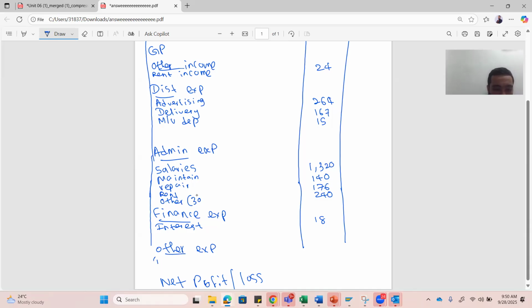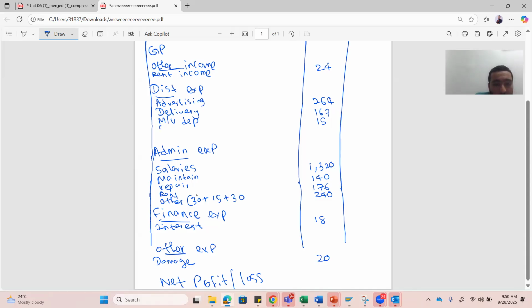Stock damage. Damages, how much? 20,000. Stationery. Again, under admin, I'm going to add this 15 here. Why? Because I don't have enough space. And then electricity bill, 30.